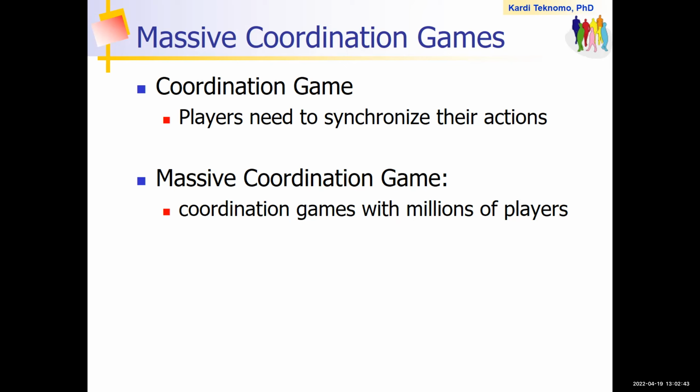A while ago, I gave the example of traffic, 2 cars at the intersection, based on this coordination game. Either one stops and the other goes, or both stop. Otherwise, it will create an accident.